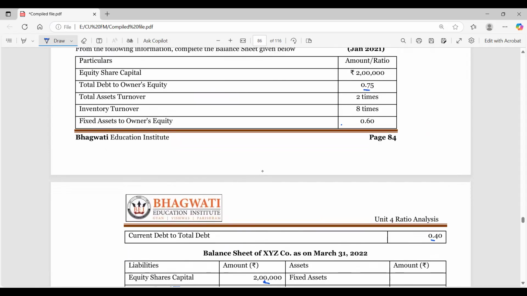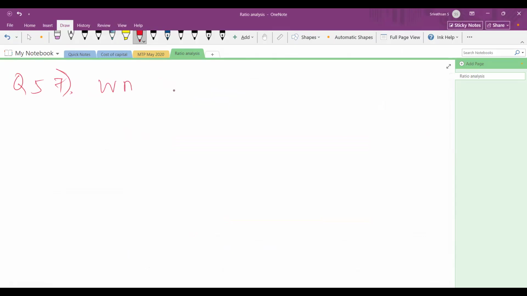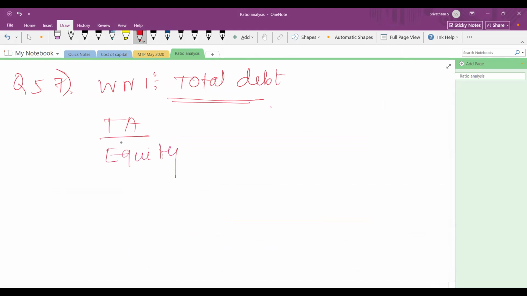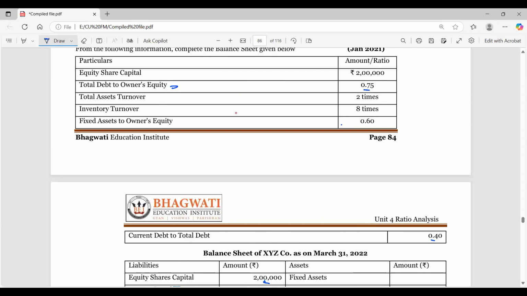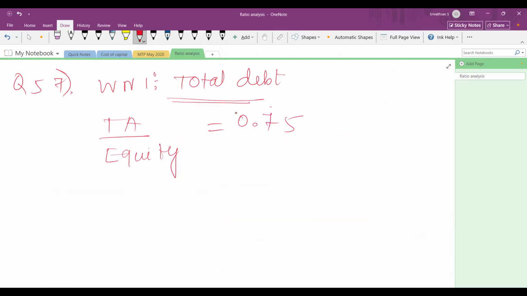First, we can use the first working note to calculate total debt. Total debt to total equity, or owner's equity, is equal to 0.75.